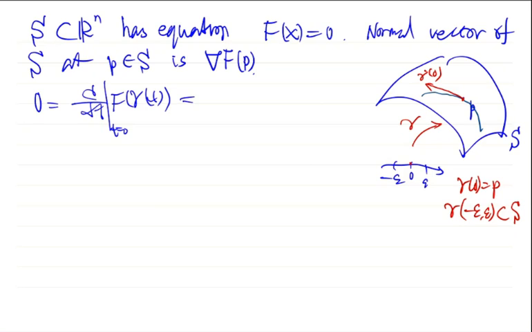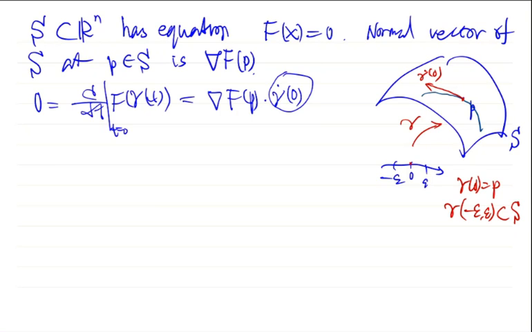But by the chain rule, this is the gradient of capital F at P inner product with the tangent vector of the curve at the point P. So all such tangent vectors are contained in a plane perpendicular to the gradient of capital F. This plane is called the tangent plane, and the gradient of capital F at the point P is the normal vector of the tangent plane. We call this the normal vector of the surface S at the point P.